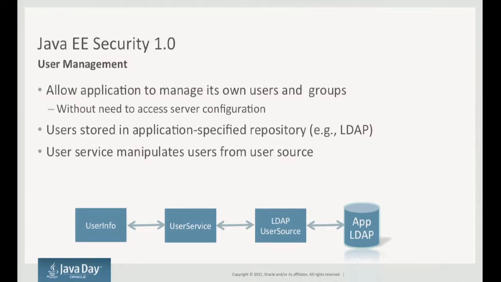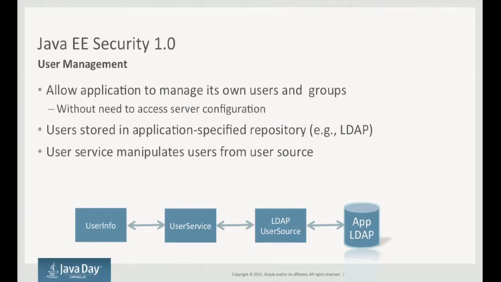Another important suggestion that we received for security, and this was received as a JIRA issue that was filed, is for user management, to allow the application to manage its own users and groups. And this avoids the need to access the server configuration, which is, again, an important feature when you contemplate running in the cloud.